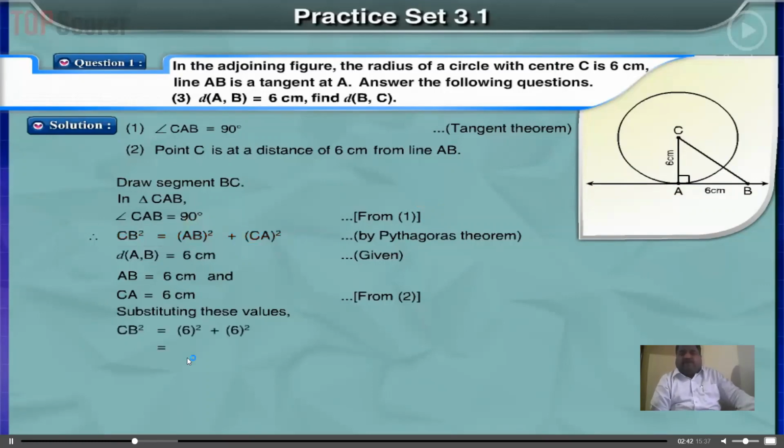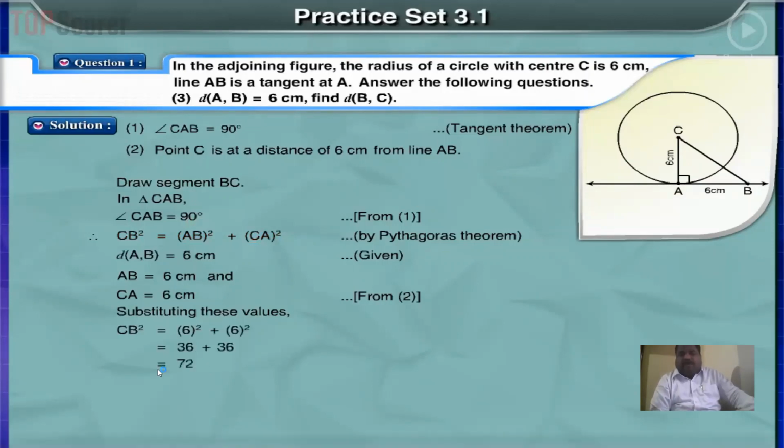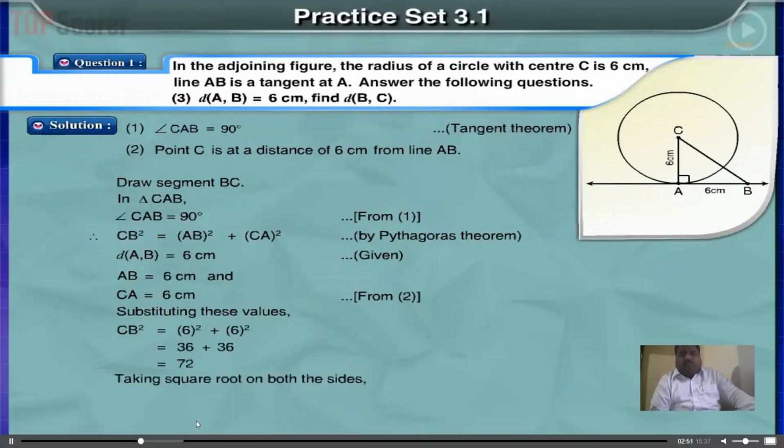That is 36 plus 36, that is 72. By taking square root on both sides, we get CB is equal to root 72. By simplification, we get CB is equal to 6 root 2 centimeter.